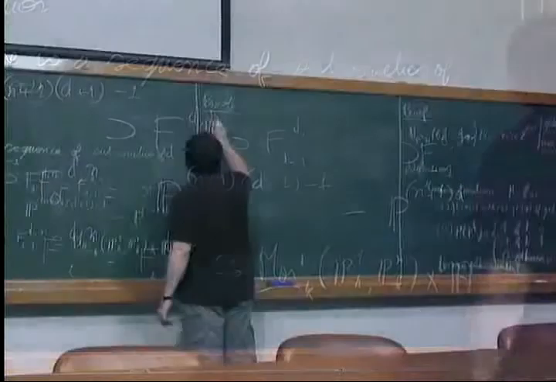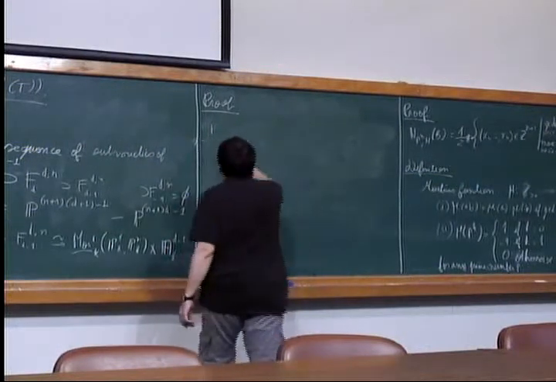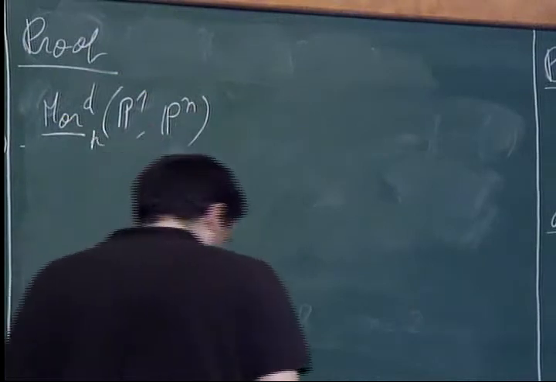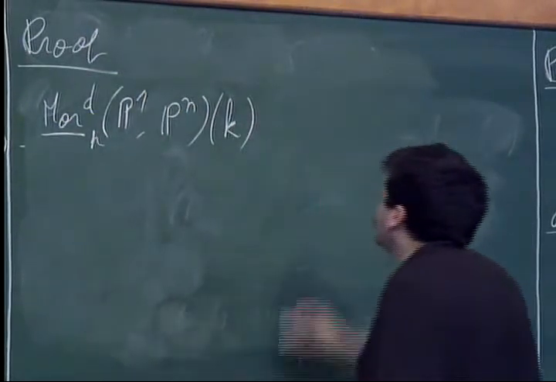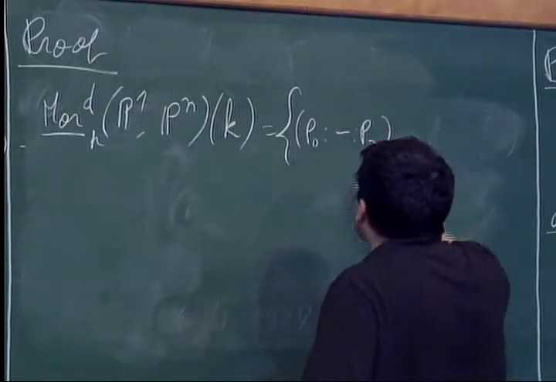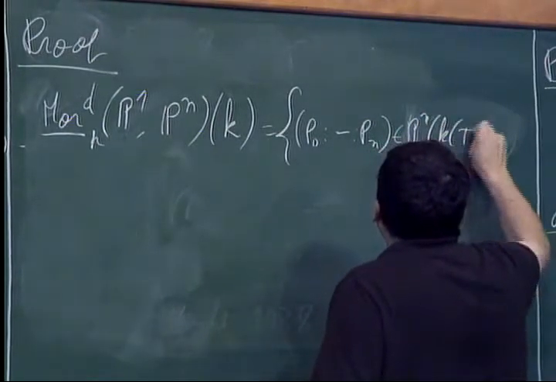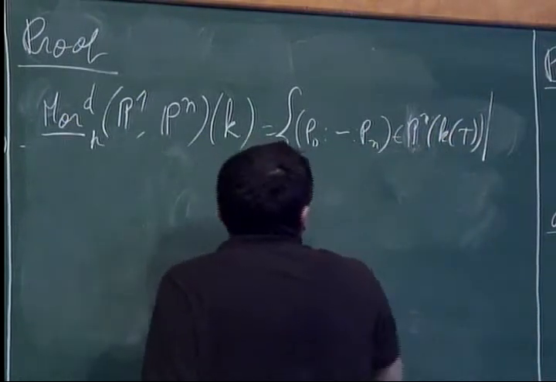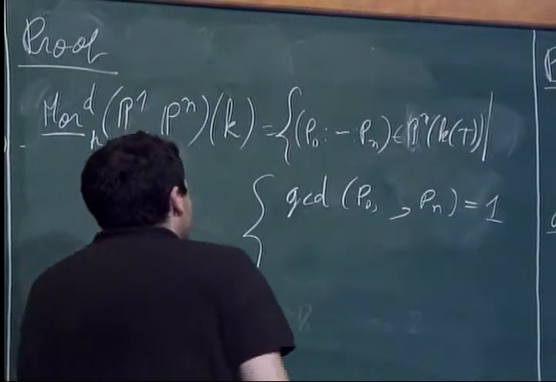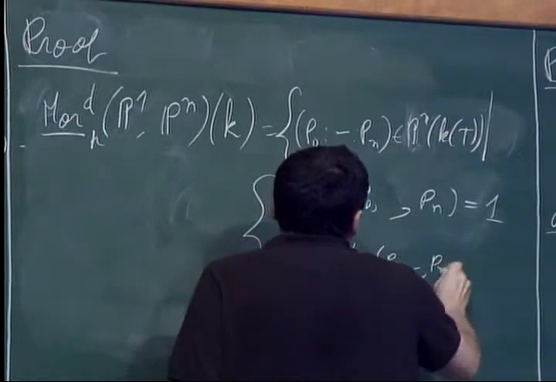Namely, if I look at the set I'm interested in, the morphisms of degree d going from P^1 over k to P^n, then the points over k are simply given by the set of points of the projective space such that the GCD of P_0, ..., P_n is equal to 1, and the maximum of the degrees is equal to d.